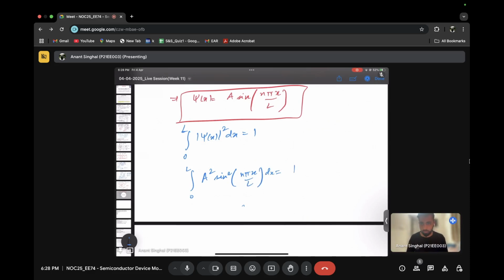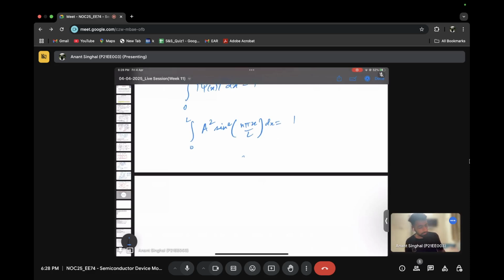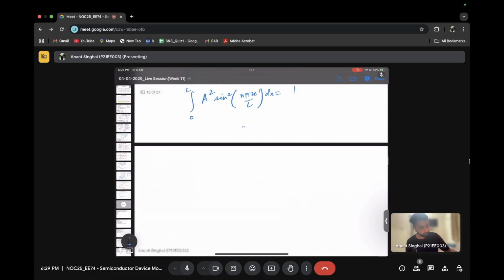Do all of you remember how to do integration? What is the integration of sin square x? Yeah, so this will be 1 minus cos 2x, so cos of 2 n pi x by L, all divided by 2.